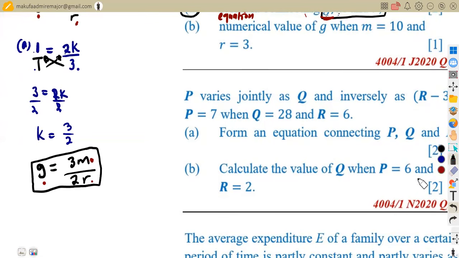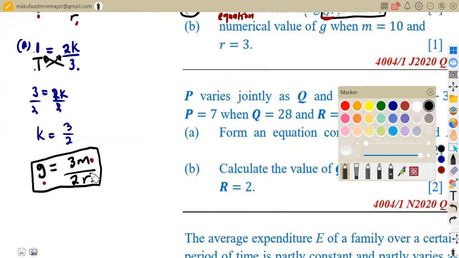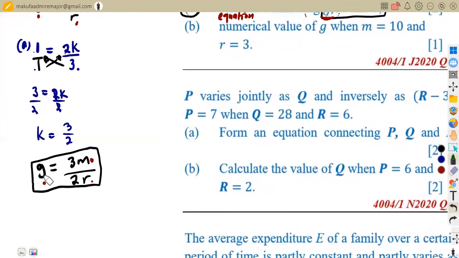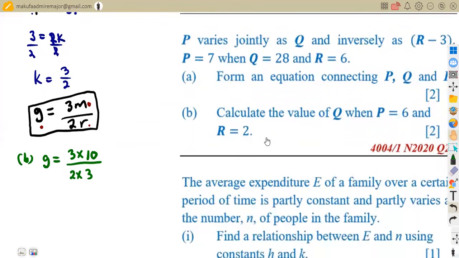Already you have a formula that is connecting these variables to G. So we can simply substitute G is equal to the part that connects G with M and R, because we are given the value of M and the value of R. So it's going to be 3 times M, our M is 10, over 2R. R is 3, so it's going to be 2 times 3. So that is it. We have the value of G in this case.